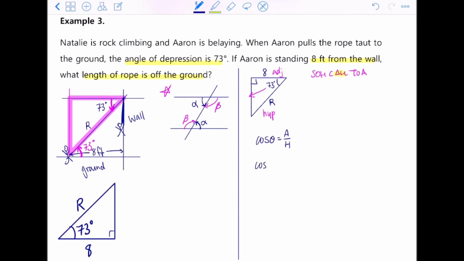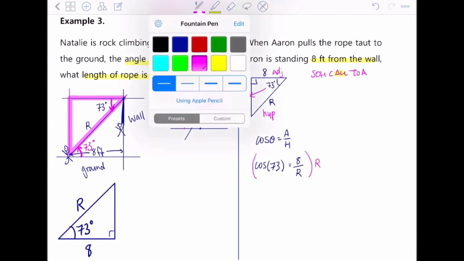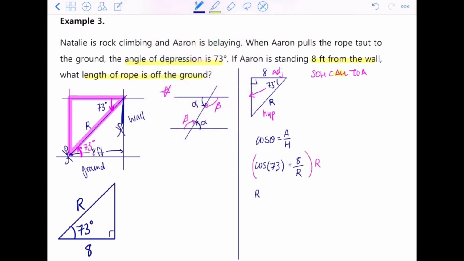Plug in all the values we know: cos of 73 degrees equals adjacent, which is 8, over hypotenuse, which is R. Multiply both sides by R: R times cos of 73 equals 8. Divide both sides by cos of 73, and we're left with R on the left-hand side.